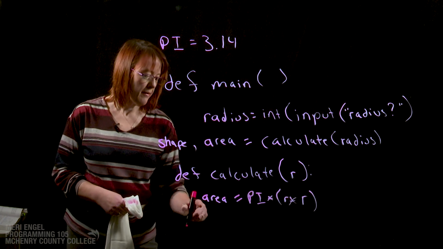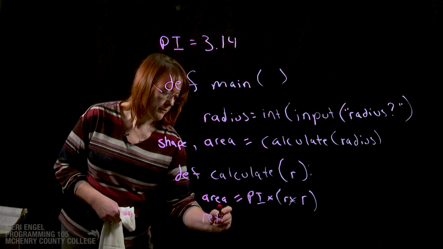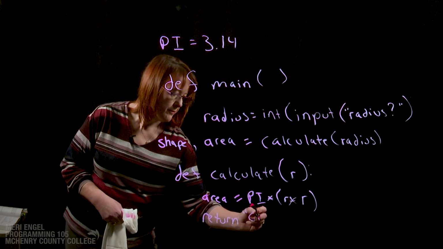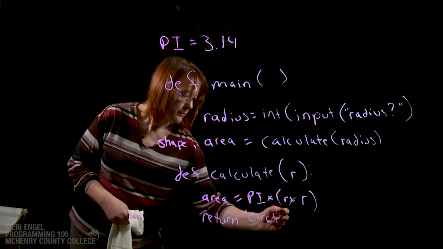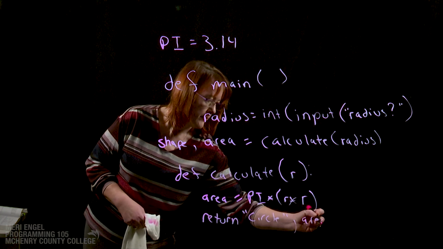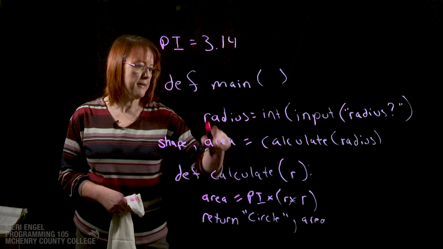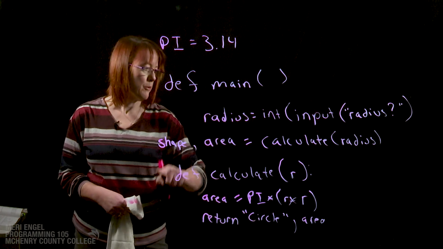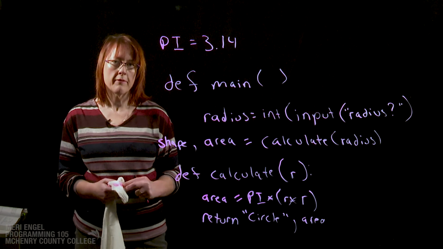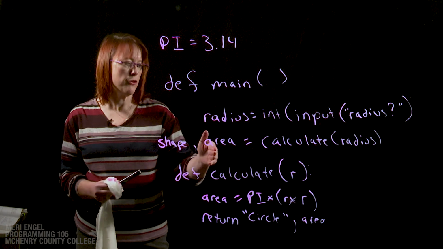And then we can return circle, comma, area. And those will return in the same order. This should have been tabbed in under here, but it will return in that order. So you can return more than one value, just like you can pass more than one value.